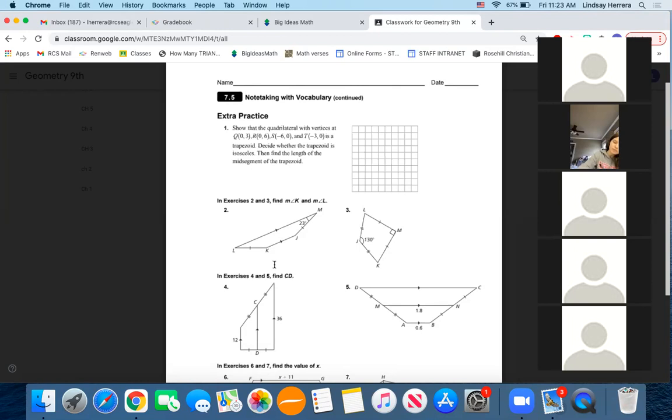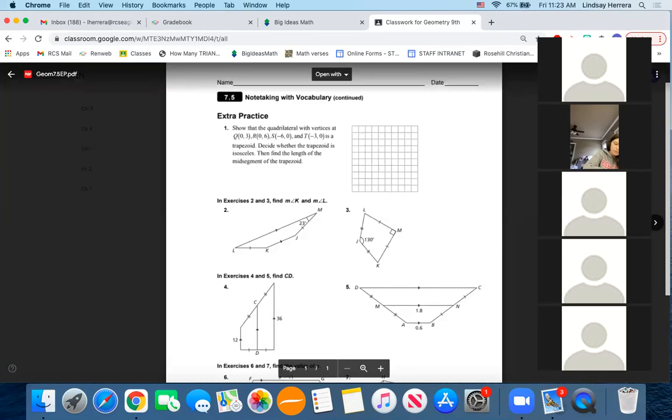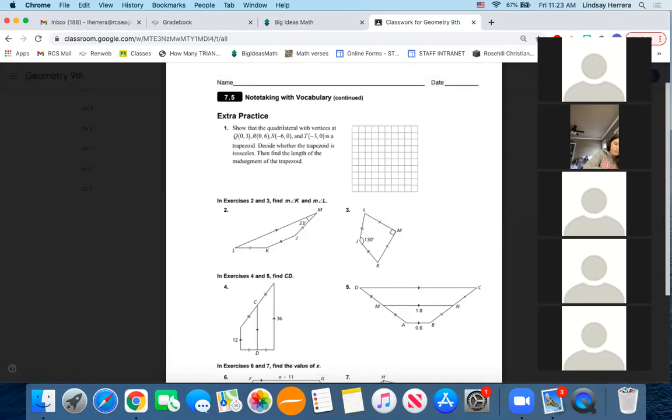All right. I am going to plug this back in so we can work stuff together here. Can you guys see my screen or no? Or is it blank?